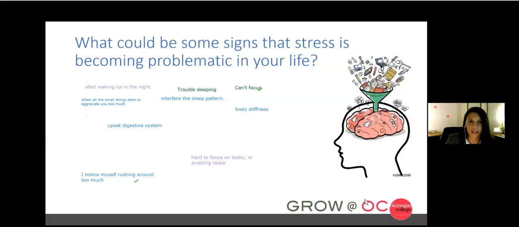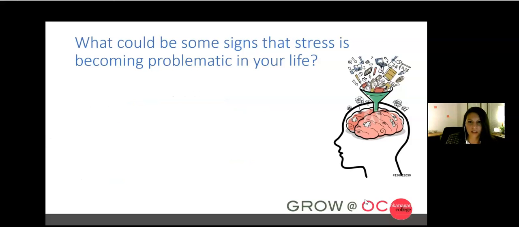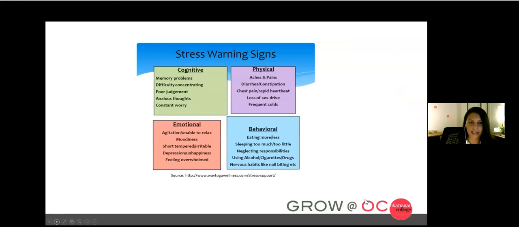And I think you all did a really wonderful job of identifying all the different domains that stress can manifest in, right? Stress can manifest into all levels of our being. So it can affect us in our thoughts, which we refer to as cognitive.